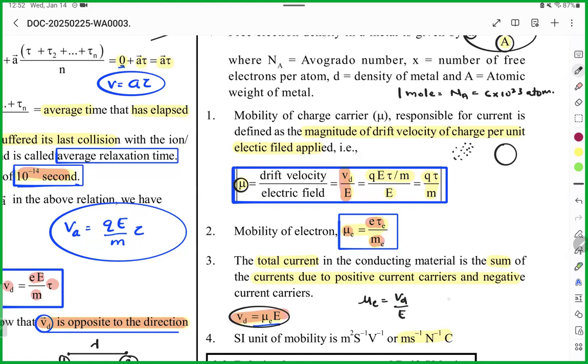You know current is charge by time, and drift velocity is distance by time, mean free path by relaxation time tau. Correct? So instead of time, you can write lambda by drift velocity. You can correlate. Make sense, guys?